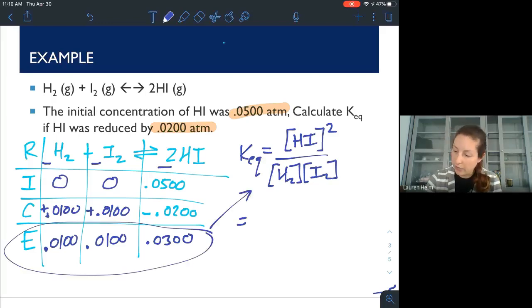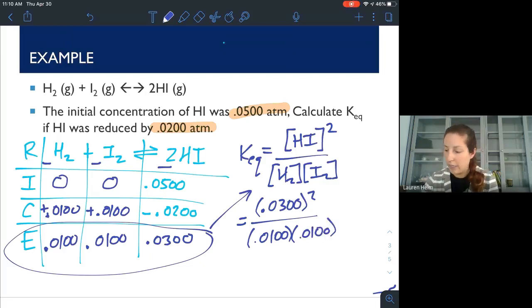So I have 0.03 squared over 0.01 times 0.01. And I get our equilibrium constant for this reaction is 9. All right, I hope that agrees with the work you tried.